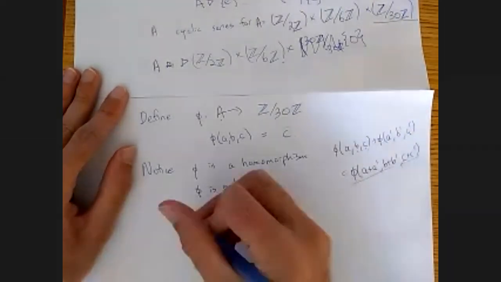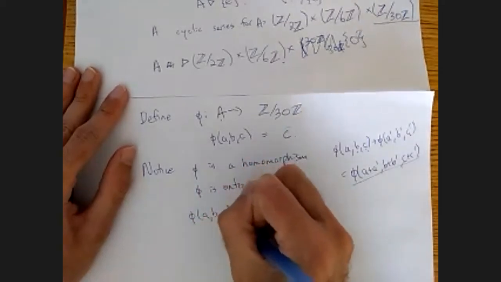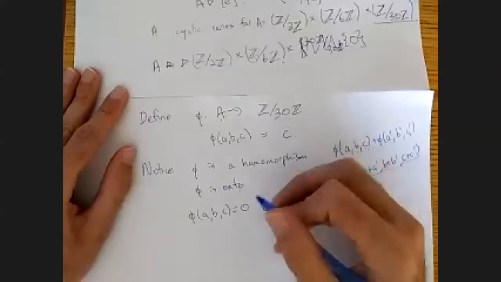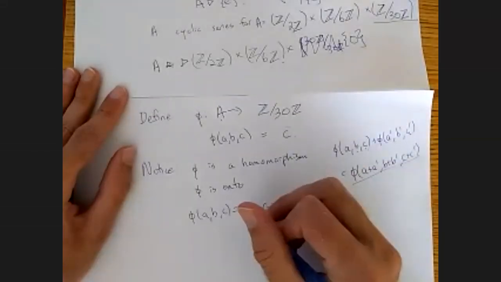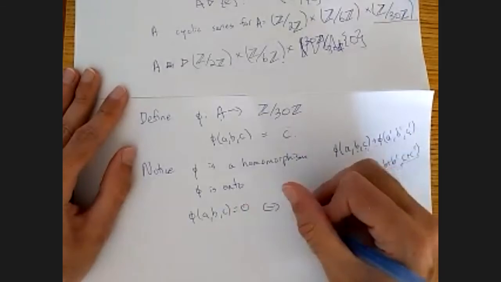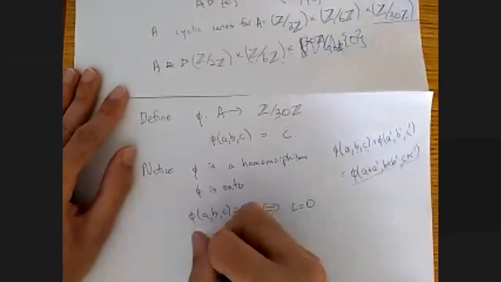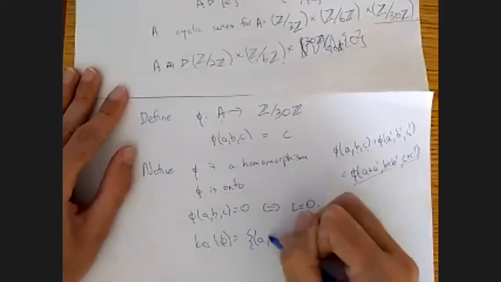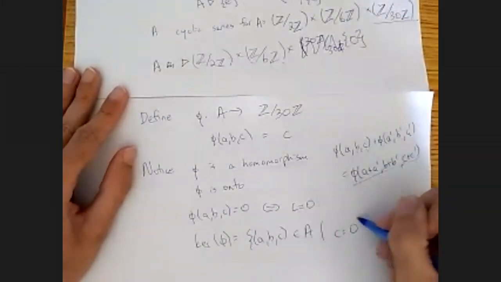We want to know what the kernel is. We have phi of (a, b, c) equals 0, the identity of Z mod 30Z, if and only if c equals 0. So the kernel of phi is the set of all (a, b, c) in A satisfying c equals 0.